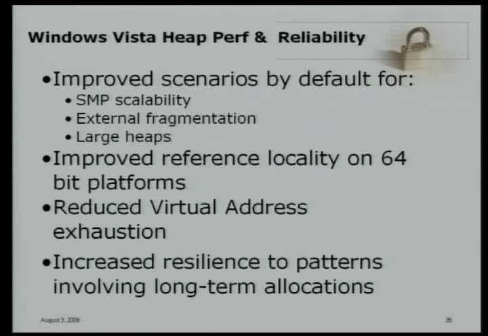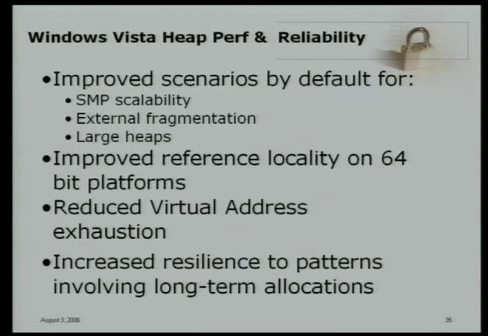So now, to go beyond the security enhancements, let's see how we look from the application, performance and reliability perspective. Here we can see that we improved a lot of scenarios for multiprocessing, multi-core processing and multiprocessor scenarios. We addressed a lot of critical external fragmentation scenarios, and we also have better scalability with large heaps. We improved the reference locality on 64-bit platform by default.